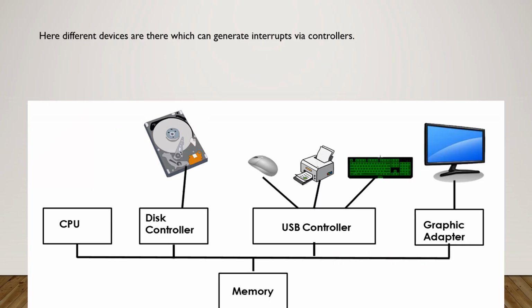Here, different devices can generate an interrupt via controllers. This is the disk controller, mouse, printer, keyboard, which are USB controllers, and the monitor, which is a graphics adapter. These all go into the memory.